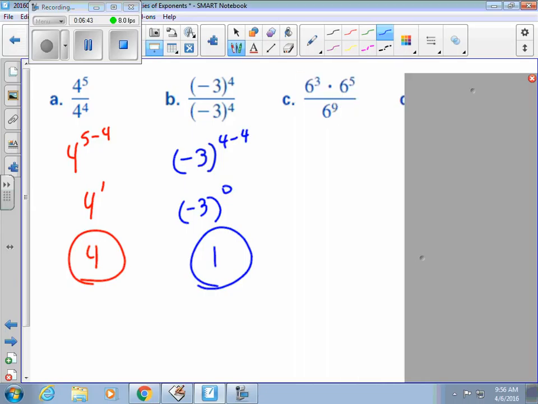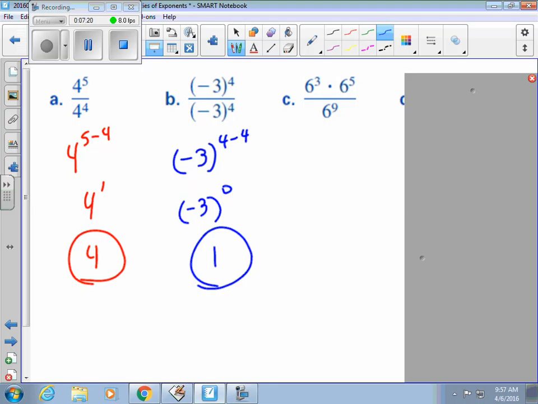Do this one. 6 to the third times 6 to the fifth over 6 to the ninth. Take about 25 seconds on that one. At the top, you use the multiplication property.